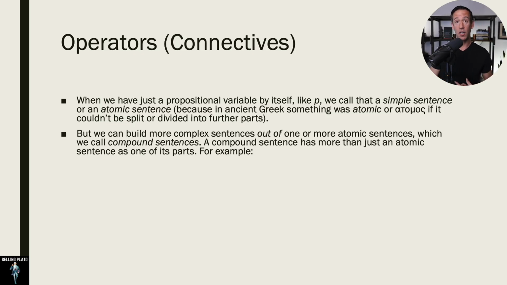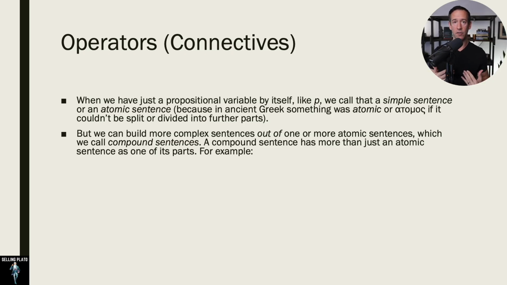And this is important because we can build more complex sentences out of one or more atomic sentences, which we call compound sentences. You might think of it as sort of molecular sentences, if that helps. We build more complex sentences with either several atomic sentences connected in some way, or, as you'll see, one atomic sentence that has an operator attached to it.